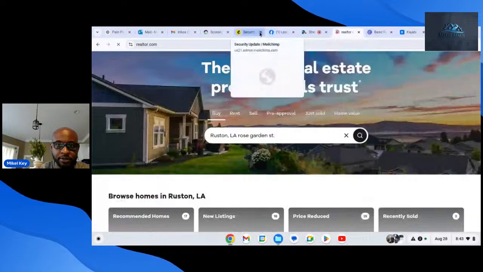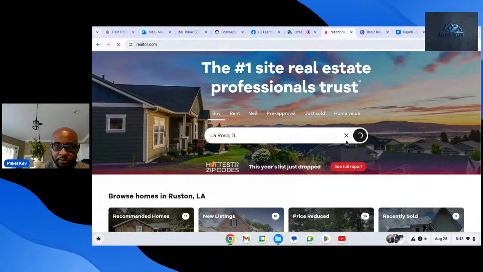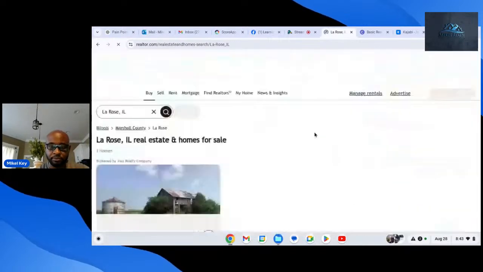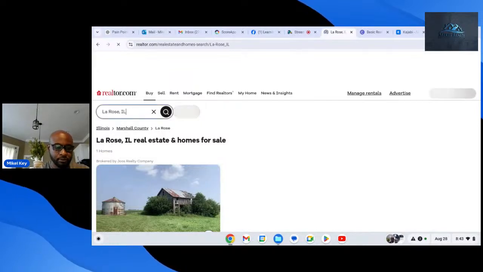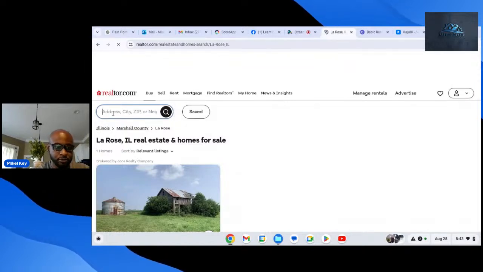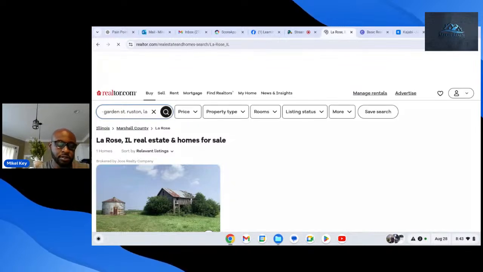We're going to make this extremely simple. Okay, that's not what we want. Let me pick an address, 53 Rose Garden Street, Ruston, Louisiana.